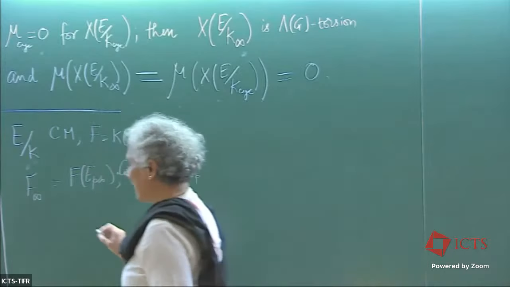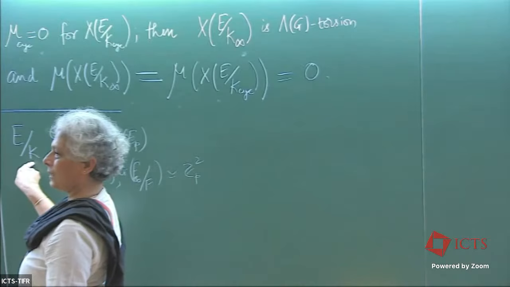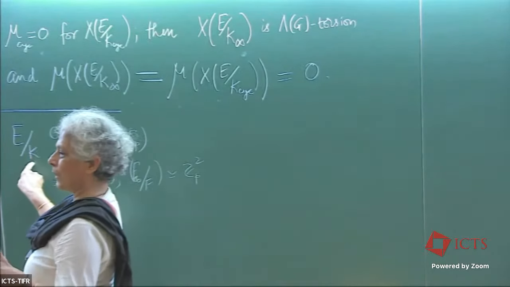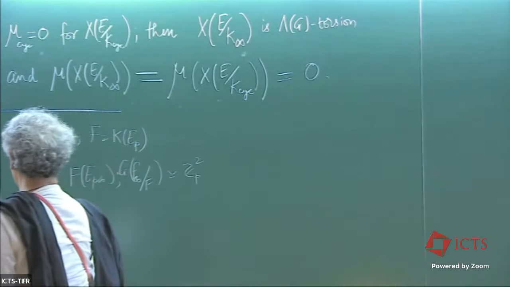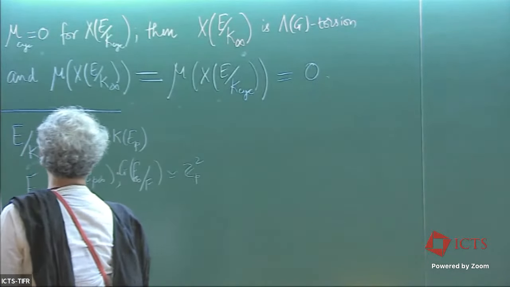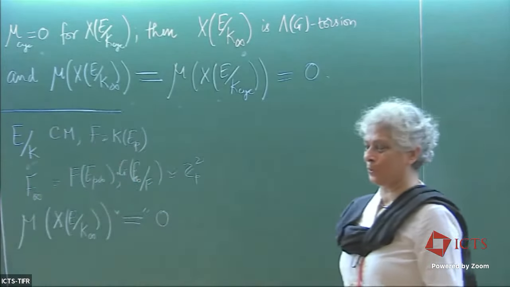And Lila Schneps proved it in some cases under a hypothesis on the class number of K. And Gillard and his students have many papers, and the result is that mu of this dual Selmer group over this extension equals, I'll put this within inverted commas, 0, because there seems to be no final word on this.